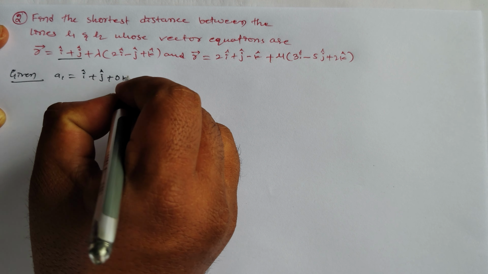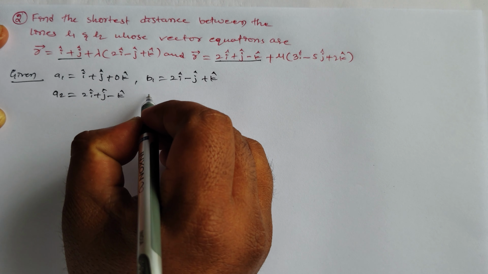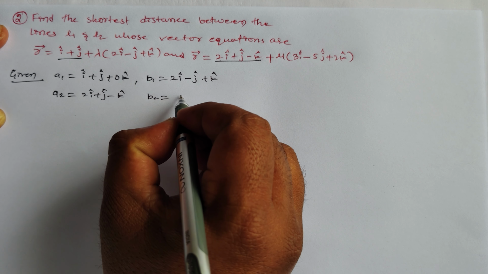Next, A2 equals 2i plus j minus k. This is A2. Next, B2 equals 3i minus 5j plus 2k cap.